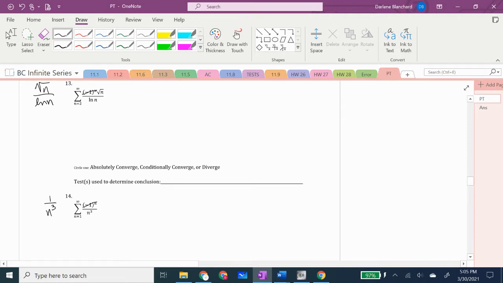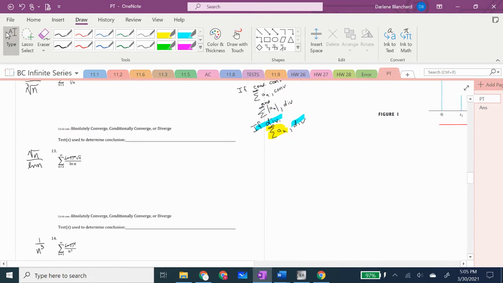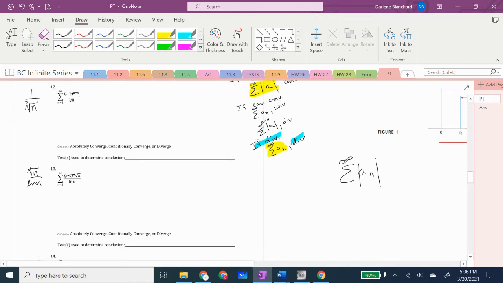Now let's take a look at just those terms. Those are looking at the absolute value of the formula in a series. So I've got 3 of them. I'm going to list them over here.